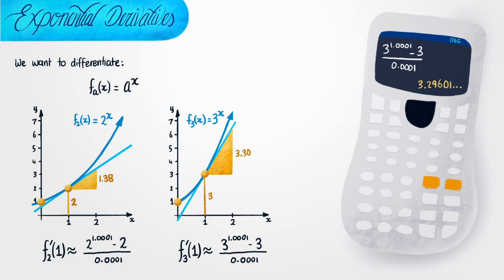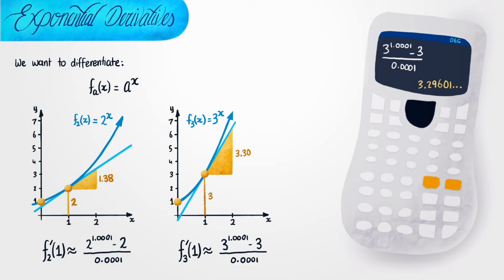But the thing I wanted you to see is that the output of the function here is 2, and the derivative is 1.38, so the derivative is smaller than the function's output. But in this case over here, the derivative is actually larger than the output of the function. There's also a neat visual way to see this as well. I want you to notice that the tangent for 2 to the power of x crosses above the line, but the tangent for 3 to the power of x crosses below the line.